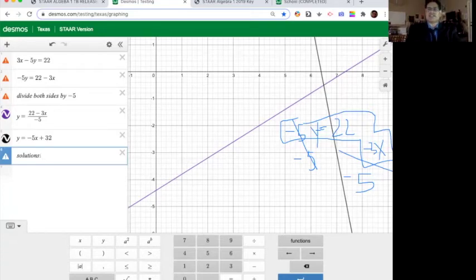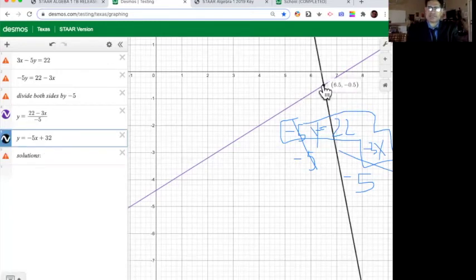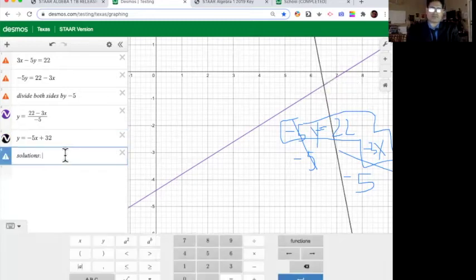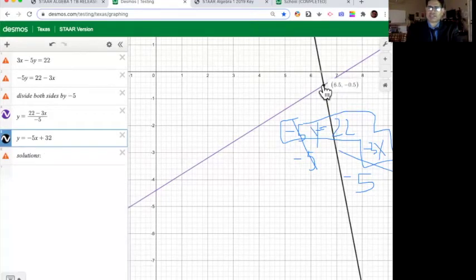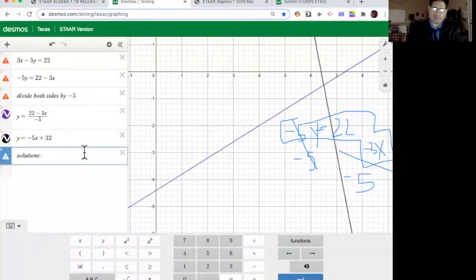But in this case, the solution set is at that cross. And that is 6.5 and negative 0.5. Okay, I have to keep clicking it again, make sure. They meet at 6.5 and negative 0.5. Okay, let me go back. Yeah, let's see that.